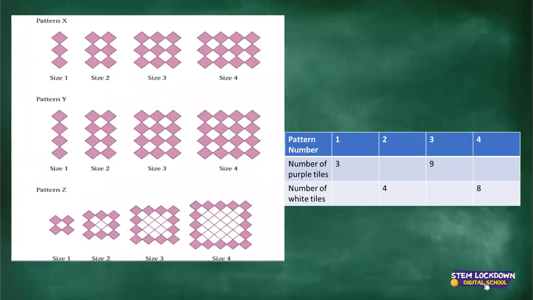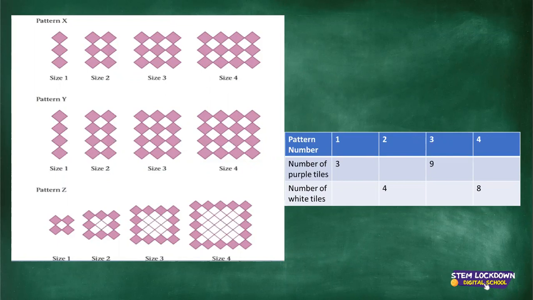For size 4, we have 16 purple tiles and 9 white tiles. Now we are going to see what is going to happen if we increase the size of pattern Y to size 5, size 6, and size 7.